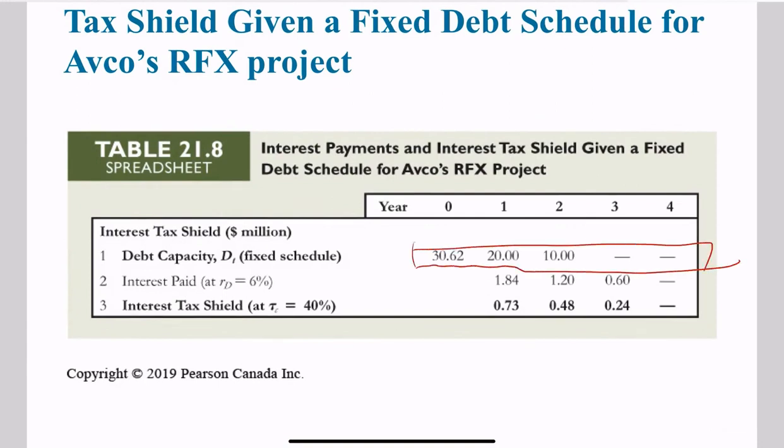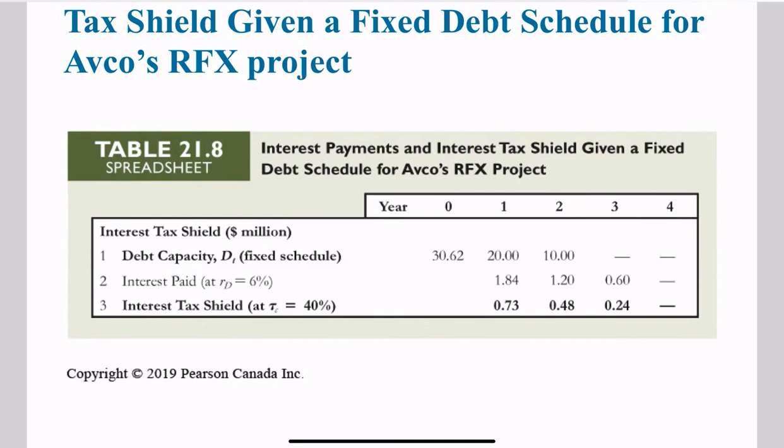That is, the initial level of 30.62, and in the first year it reduces to 20, and then in the second year it reduces to 10. Given this debt schedule, we can simply calculate the interest tax shield.